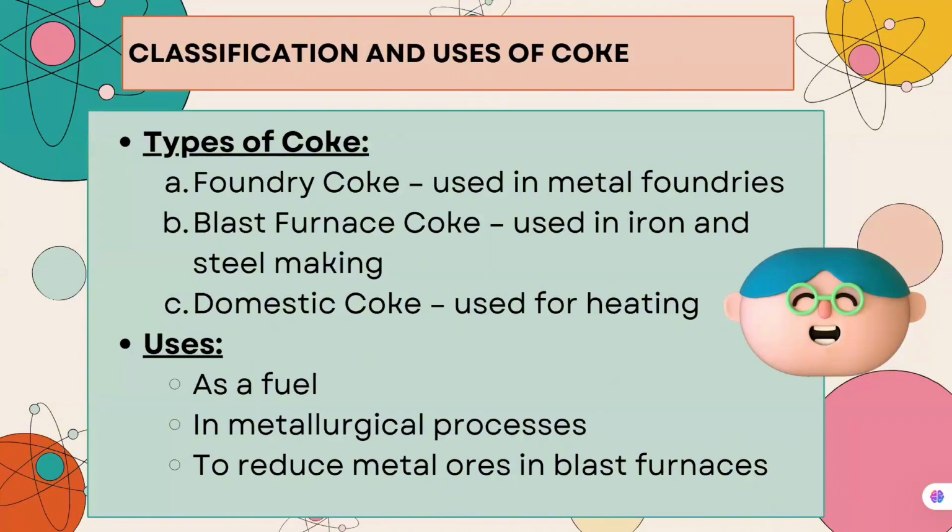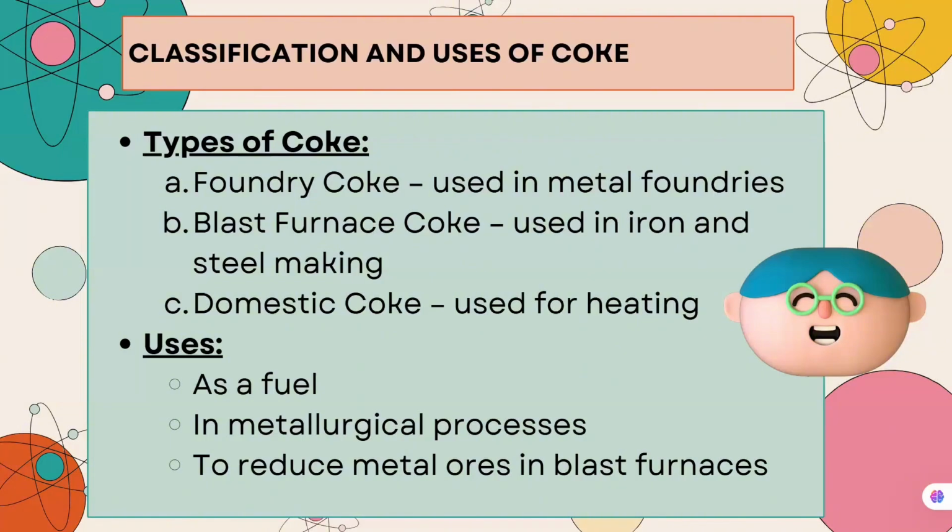We're looking at the classifications of different cokes. So we have types of coke, which are foundry coke, which is used in metal foundries. It can be used to make metallic products such as cars, tin cans, containers, and other metal products. Then blast furnace coke is used in iron and steel making. This is used in iron smelting where you have a blast furnace and you subject hot air into the coke.